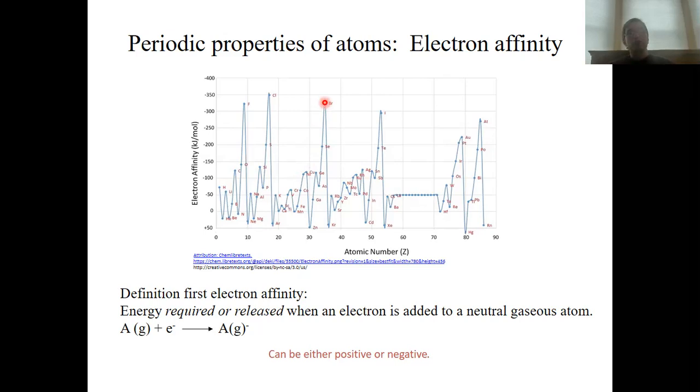Okay, but you also see that if you go from the group 17 elements to the group 18 elements, then there's a dramatic decrease in electron affinity. And in fact, the electron affinities for the noble gases like helium, neon, argon, krypton, xenon are actually negative.